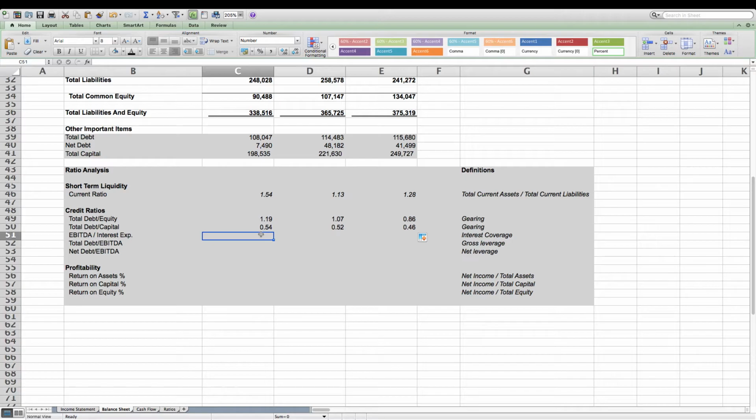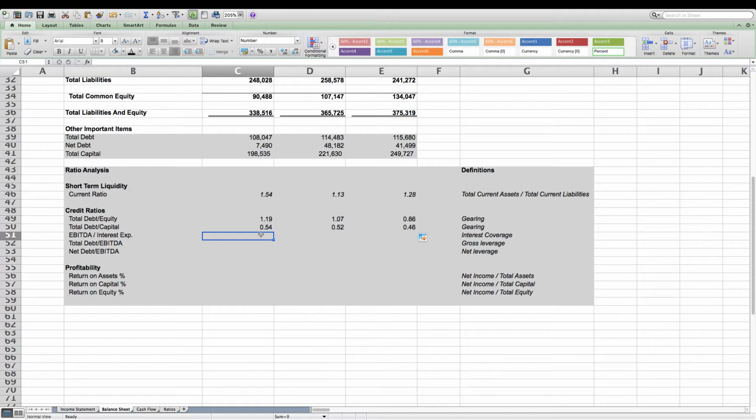Now, why is that? What this ratio is effectively telling a bank is the amount of earnings that Apple has in a specific year. How does that compare to the amount of interest that Apple has to pay in a given year? Now, if you think about it logically, if Apple's earnings or its EBITDA is much higher than the amount of interest that it needs to pay, then it's good.